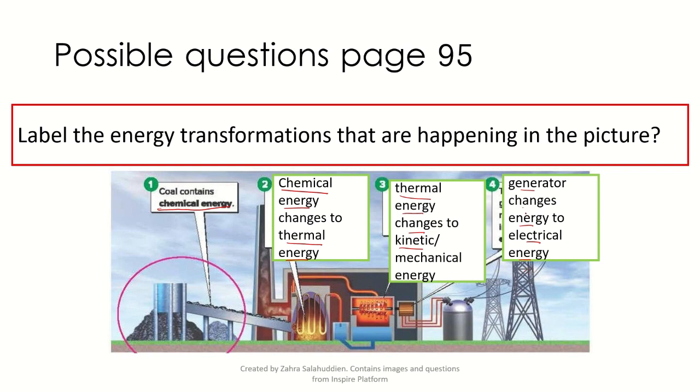You may state that it's kinetic or mechanical, whichever word you decide to put over here, okay? So you will notice if you learn the word once, you use it in the next box. And the extra word would be generator in the last box, and it produces electrical energy. So if you can remember these words, you'll be okay, inshallah. Just practice it a few times.